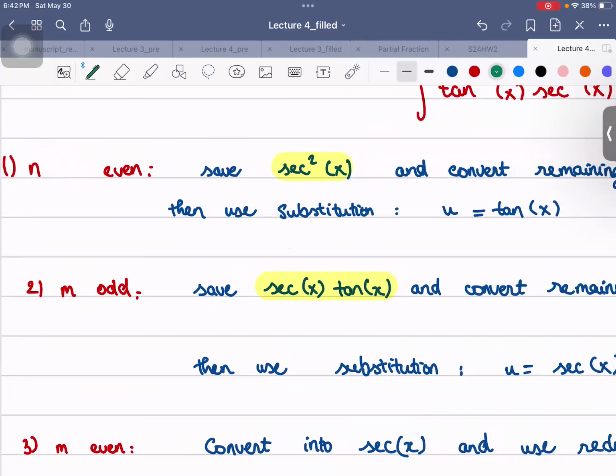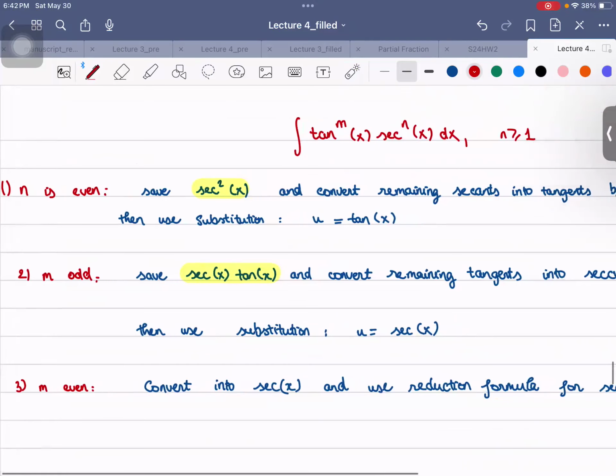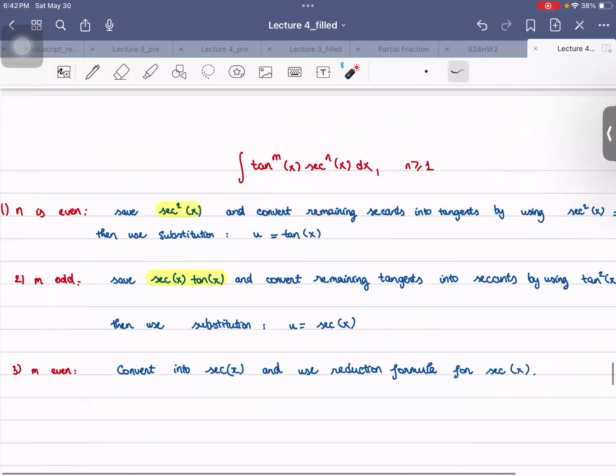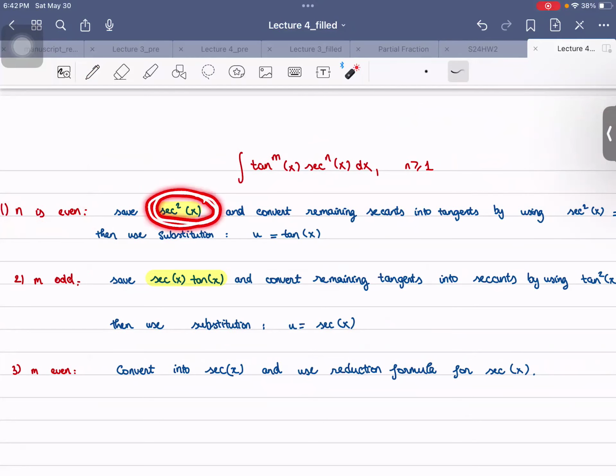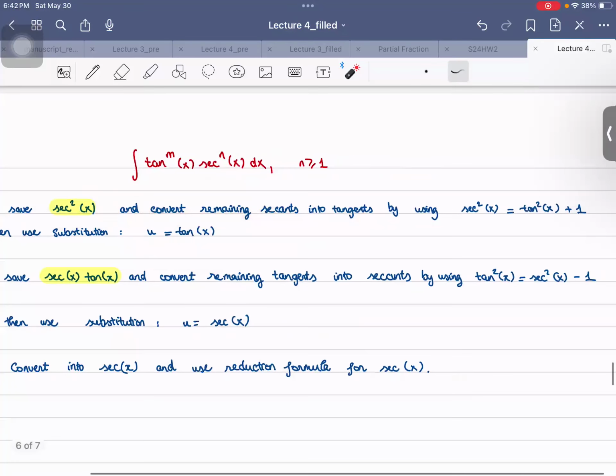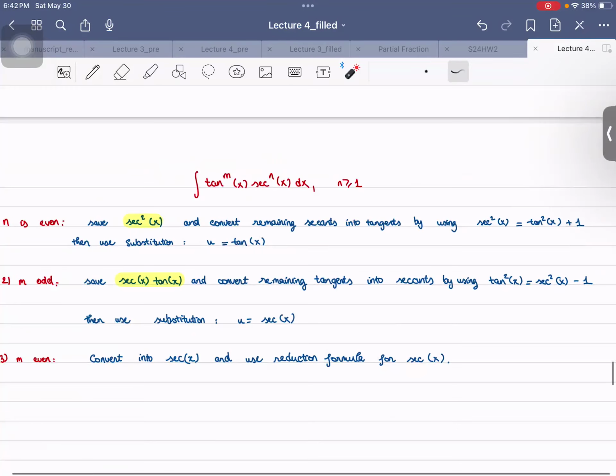If n is even, I want you to save secant square and convert the remaining secant into tangent using this identity, secant square equals tangent square plus one. And then you're going to use the substitution u equals tangent of x.